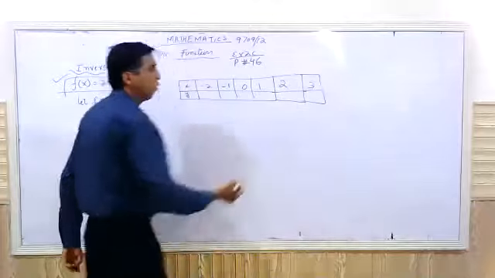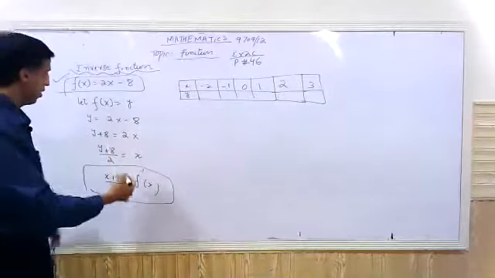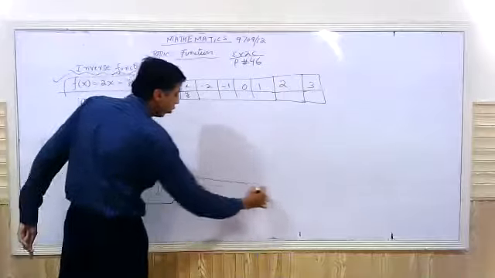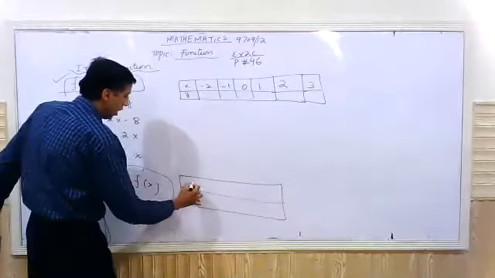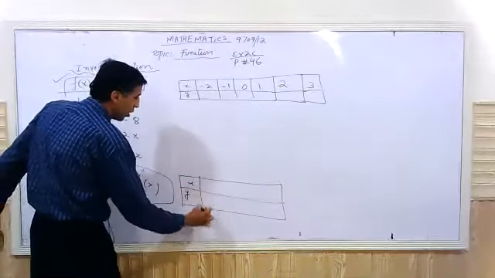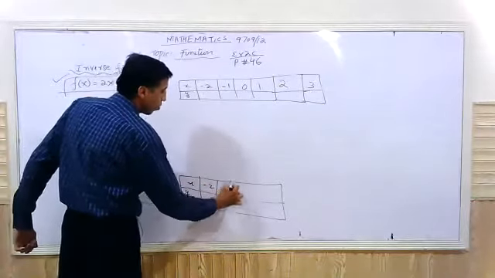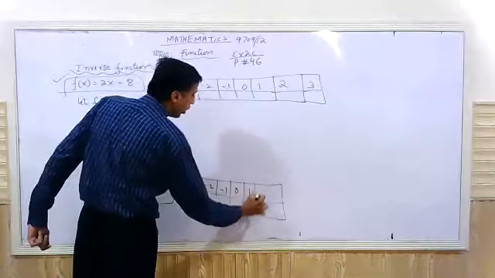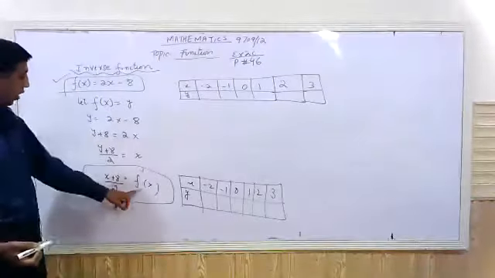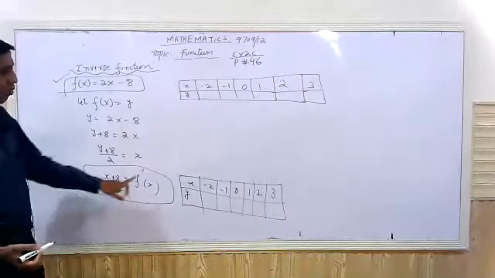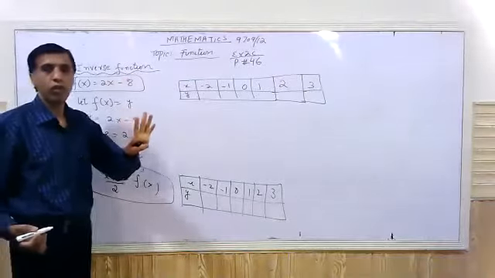That's enough in both the cases. Here you will also draw a table of x and y, -2, -1, 0, 1, 2, 3. Keep the values here of x and fill the table and plot the graph.